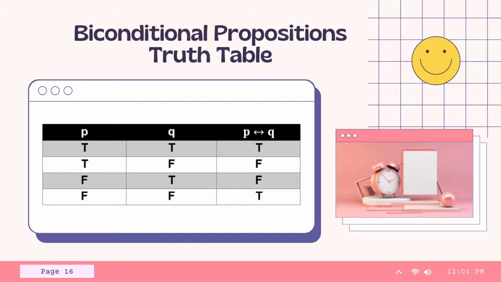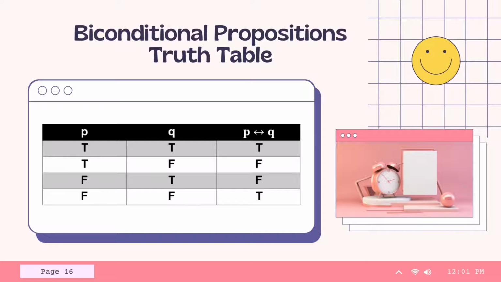Here is the truth table. Like the conditional propositions, we refer back to this table in order to find the truth value of the biconditional proposition. Said propositions have the same value and thus are logically equivalent, if you can recall. Thus, that is how truth values are determined. Look here, for example. In the first row, both P and Q are true, which indicates that they are the same and thus have the same value.